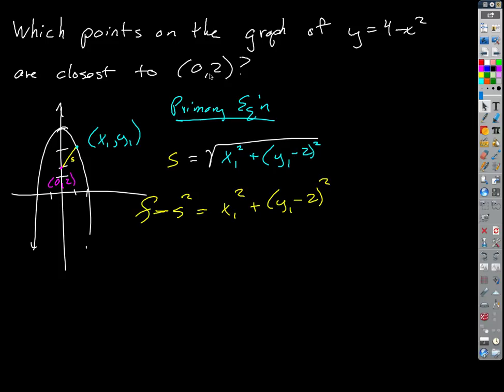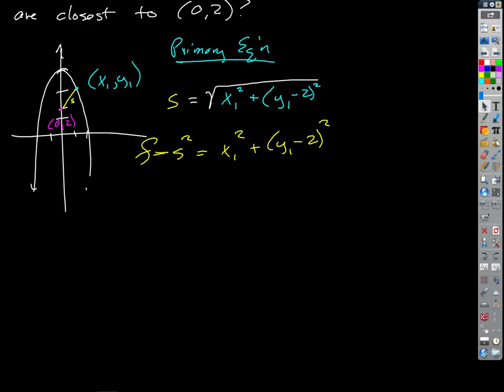So if distance is minimized, then wouldn't that also minimize distance squared, right? So we don't really need to introduce this radical. We could say that f is the function that we're going to minimize, and that's s squared, right? Okay, so there's step 2.